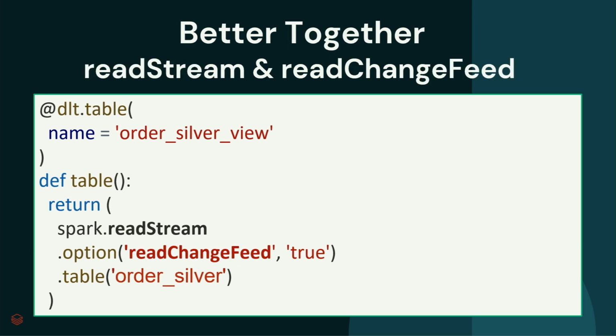So now, better together. We get to the title of this presentation and what inspired us to put this together. By combining a read stream on a table with the option read change feed, now you have a mechanism, an interface, with which you can consume not only new inserts, but you can successfully consume and process updates and deletes from that source table as well.